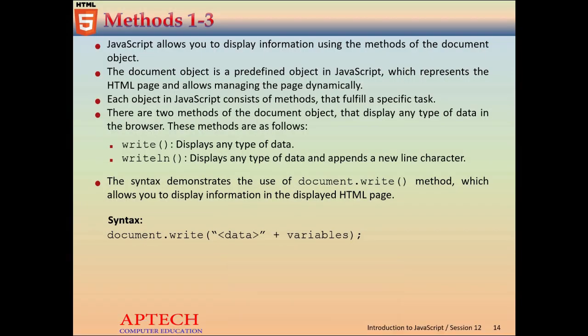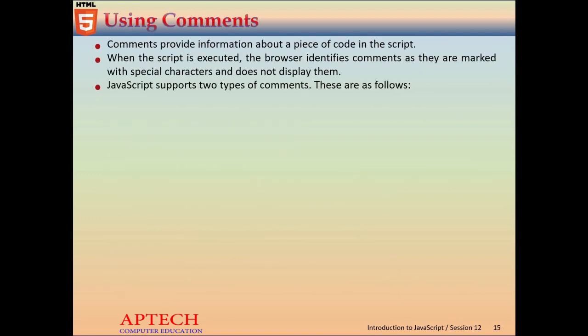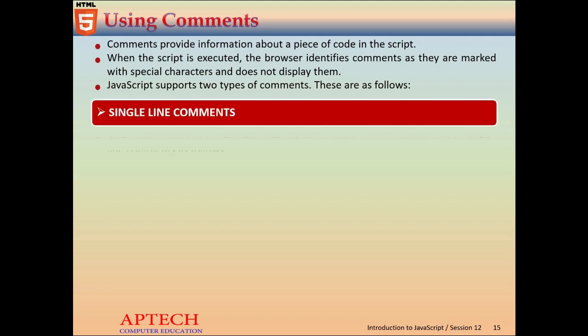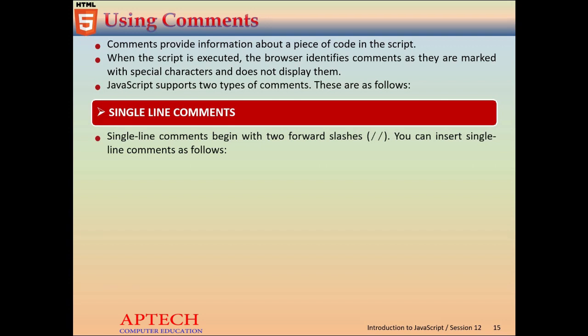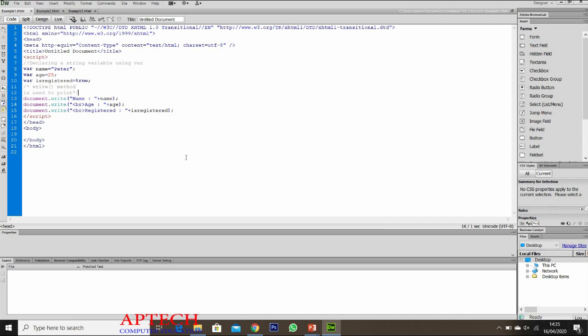Now coming to the next topic, comments. To write a comment in a page, we can use a single line comment. For the single line comment, we can just use 2 forward slashes. Even you can see I have used the comment here, declaring a string variable, with double forward slash.